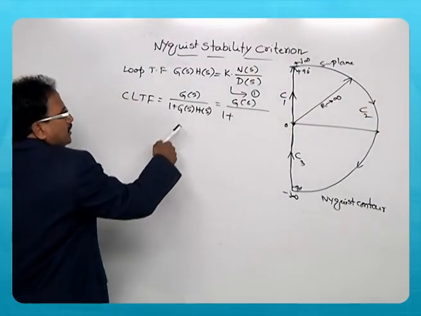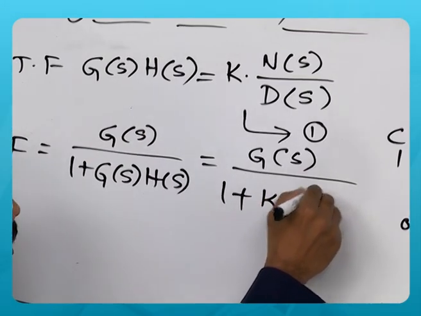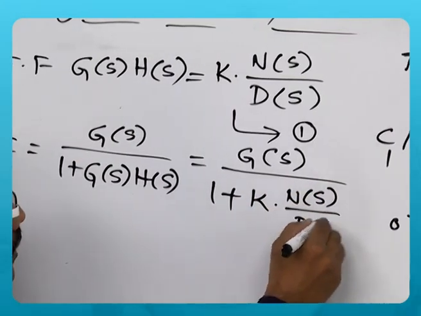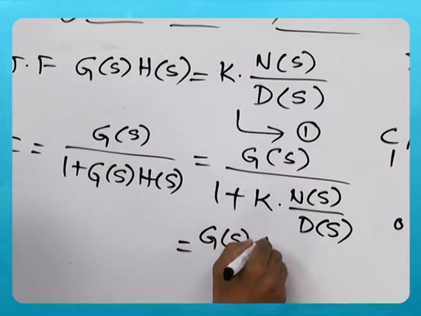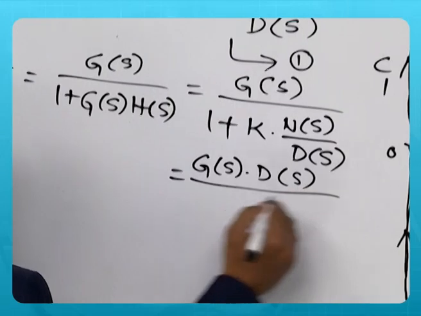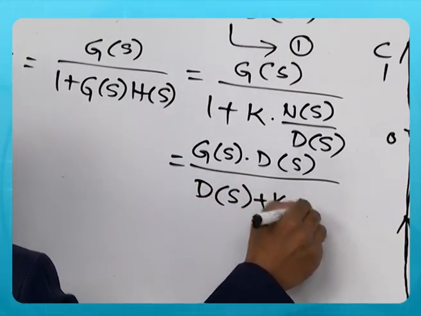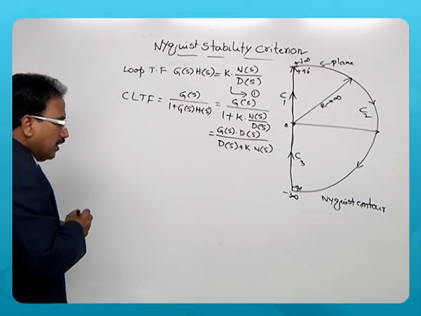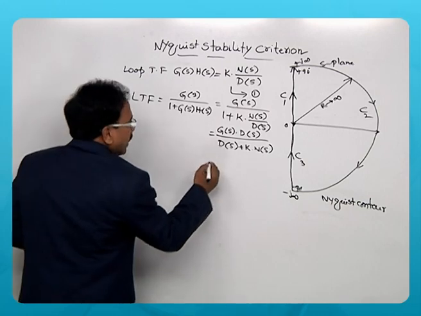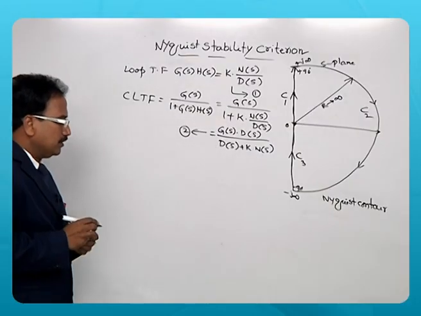You can replace G(s)H(s) by this function K N(s) by D(s). This can be written as G(s) D(s) by D(s) plus K N(s). So you can call this equation 2, the closed loop transfer function.